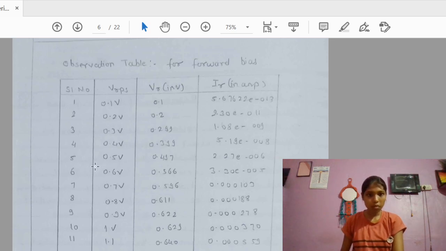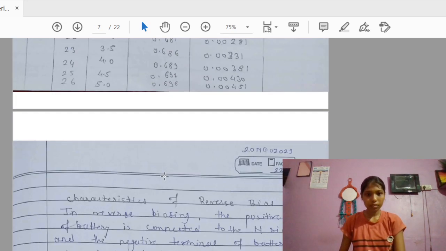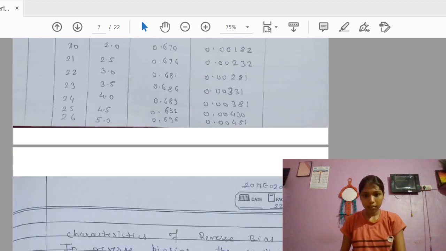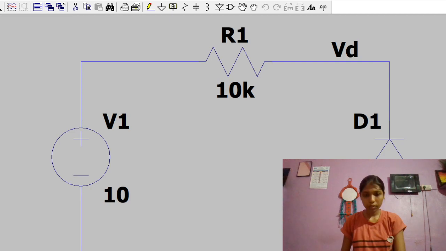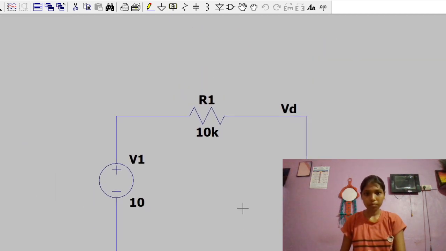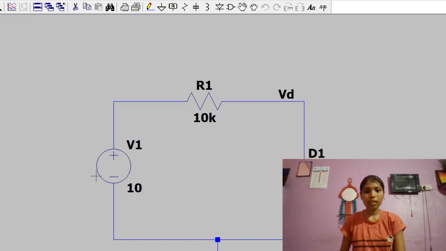This is the observation table for forward bias, and we get the calculation from this graph.